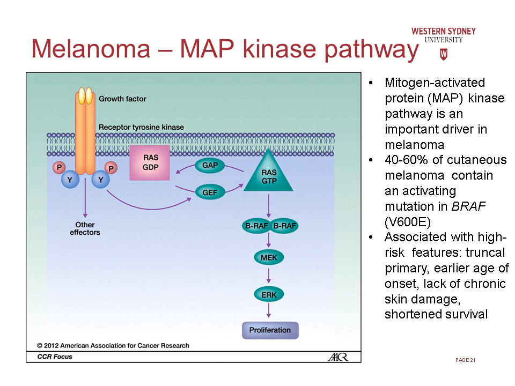Continually active BRAF leads to an activated MEK, activating ERK, and uncontrolled cell proliferation. An activated BRAF mutation has been associated with high-risk features such as truncal primary, earlier age of onset, lack of chronic skin damage, and shortened survival.